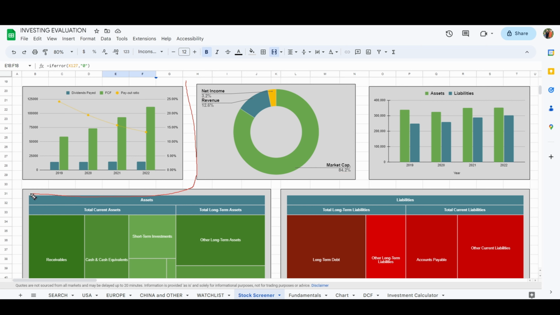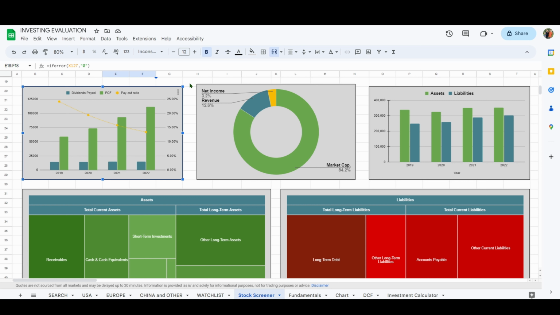Now let's look at this chart here. This one just basically establishes how the dividends are paid and the sustainability of the dividend. So the blue bar is how much worth of dividends they paid in these years, and the green one is their free cash flow, and the yellow one is their payout ratio. It says it's the payout ratio, but it's the free cash flow payout ratio.